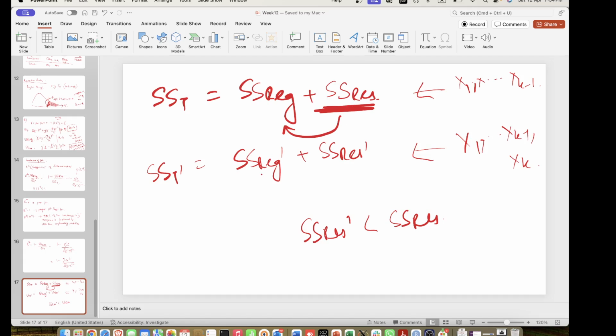So the problem with R square is this: if we keep on adding variables to the regression equation, then the sum of squares due to residuals is bound to decrease, and that will in turn increase your R square.